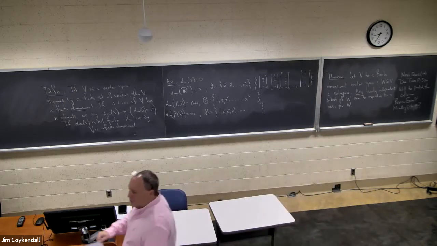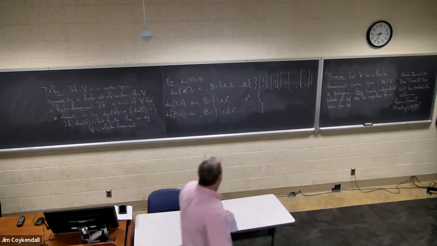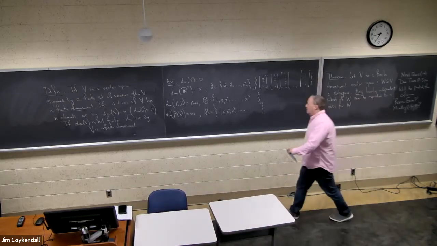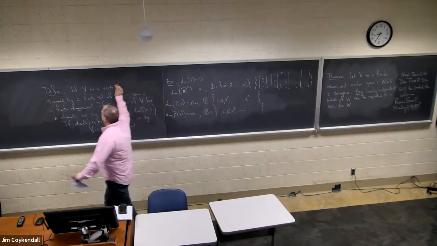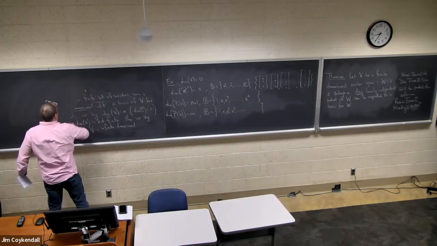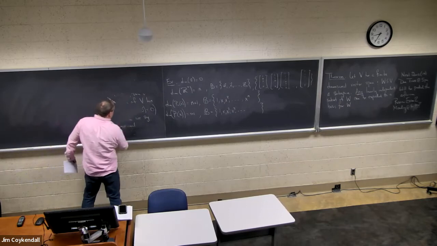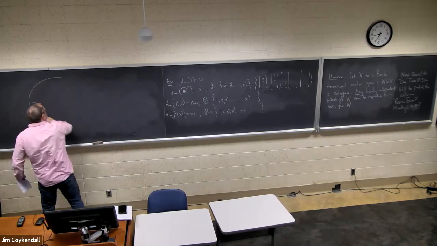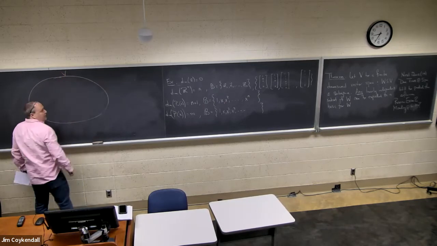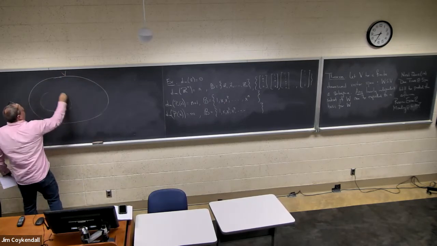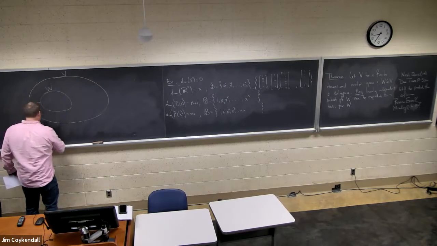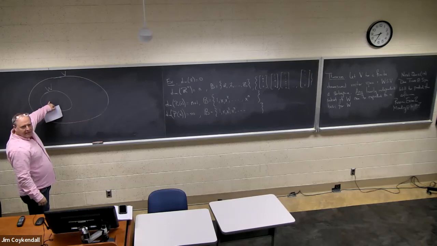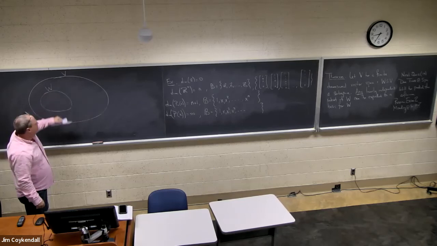Okay, so let me clarify what that sentence says. Here's V, whatever it is. And we've got the subspace in here, W. Now, this is sort of a little baby vector space sitting inside the parent.